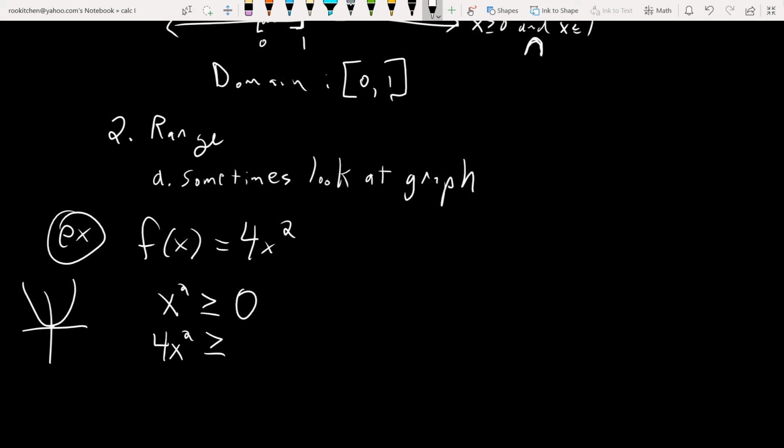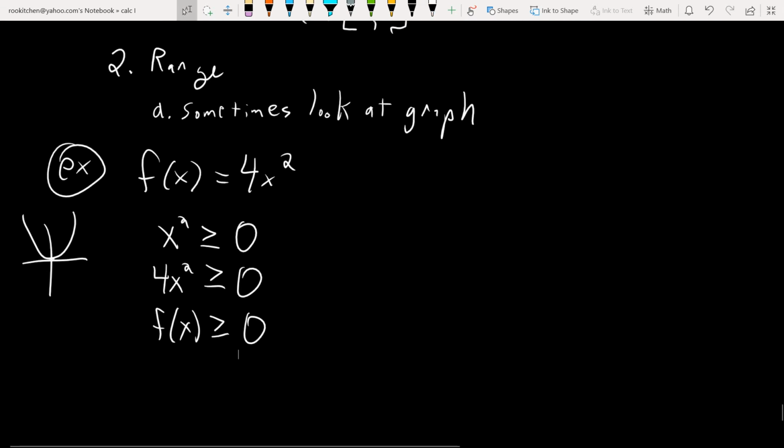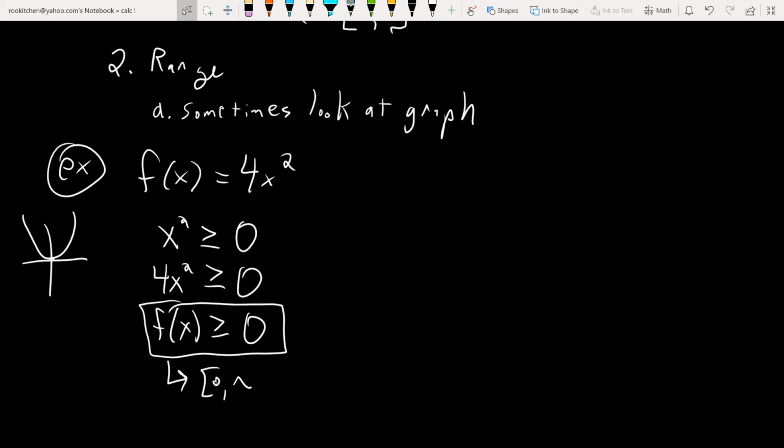That's not going to change anything. 4 is positive. 4 times x squared is 4x squared. 4 times 0 is 0. Okay? Well, what is 4x squared? Well, that's just your y value. That's the f of x. So for the domain here, it's all real numbers. You can pump anything into that, but the range is given right here after this back engineering. The range is going to be from 0 to infinity.